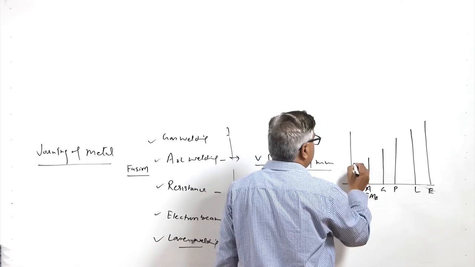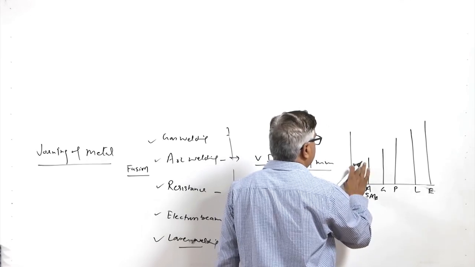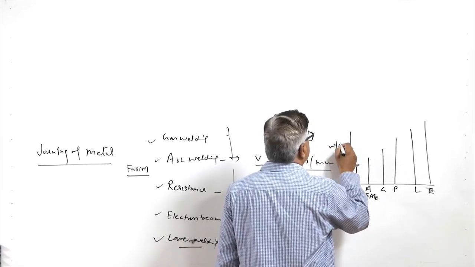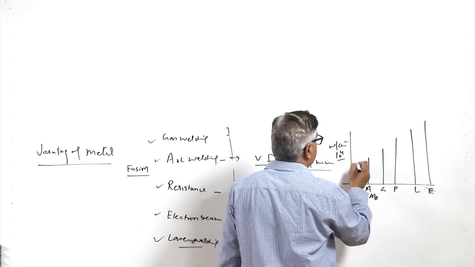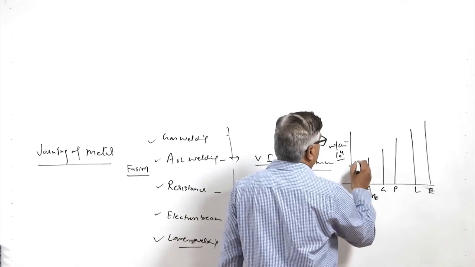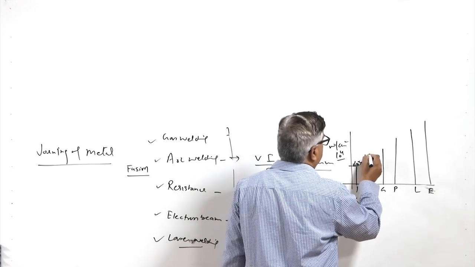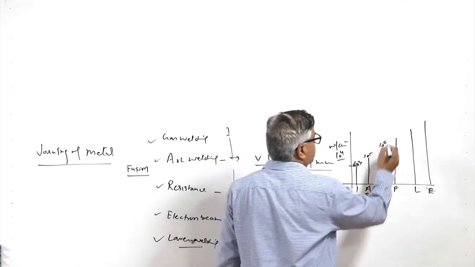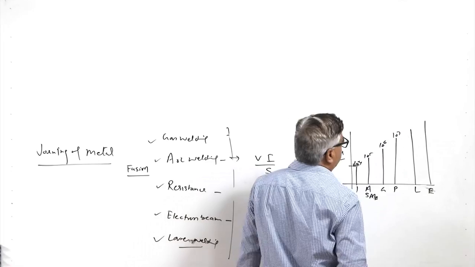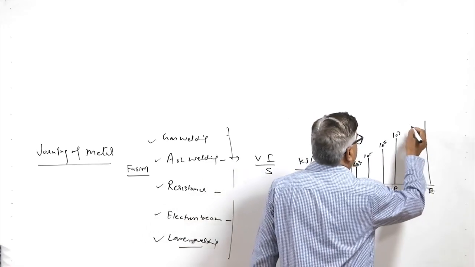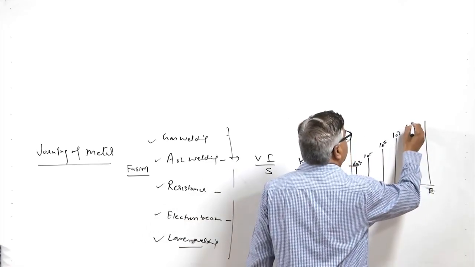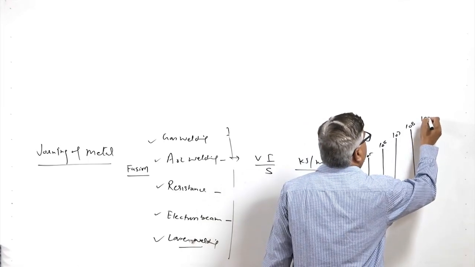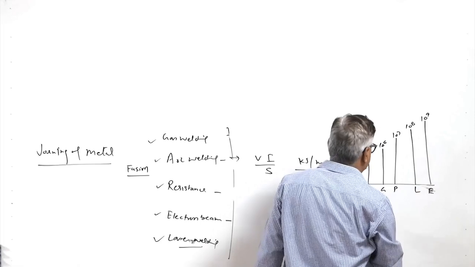If we see the power density, this is in 10 to the power 4 watt per centimeter square, then 10 to the power 5 watt per centimeter square, 10 to the power 6, 10 to the power 7, 10 to the power 8 watt per centimeter square, or even greater than 10 to the power 9 watt per centimeter square.